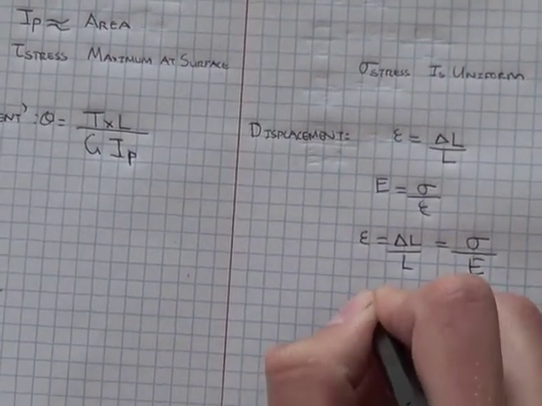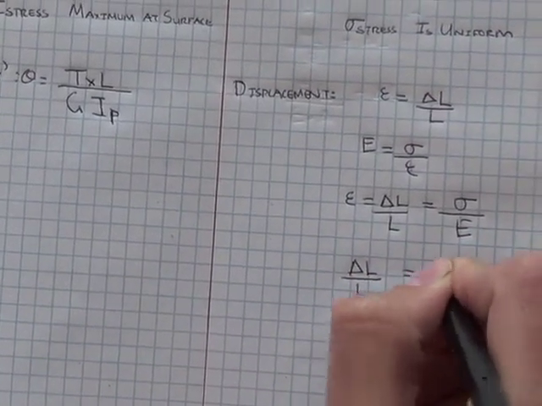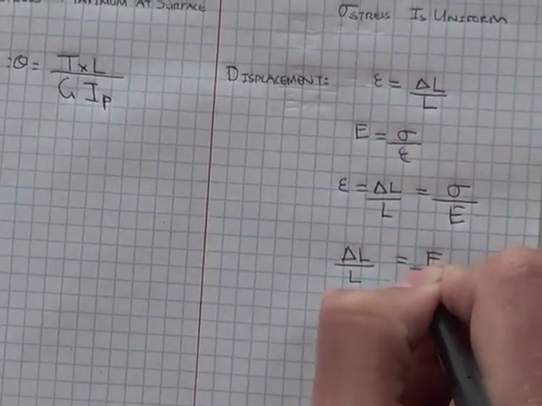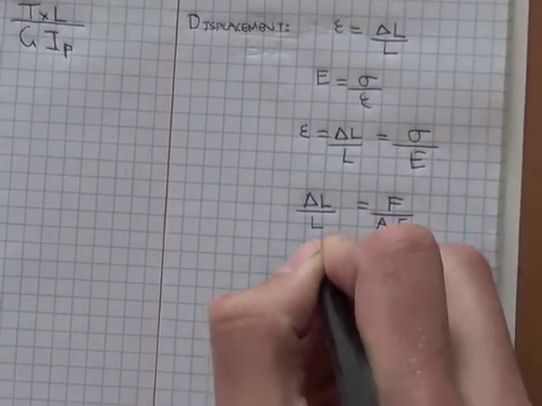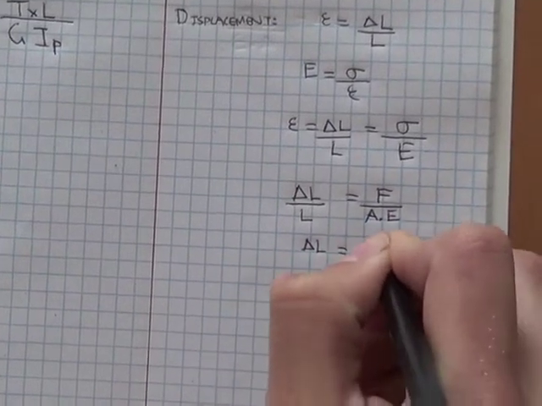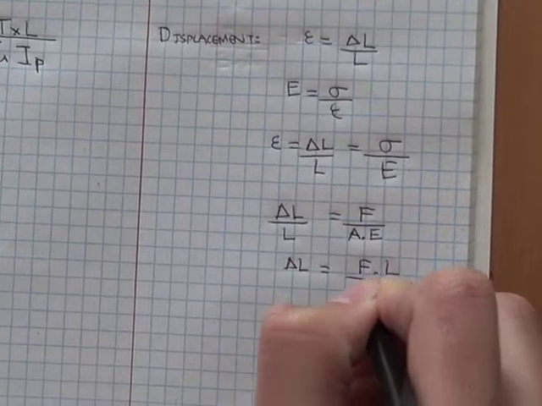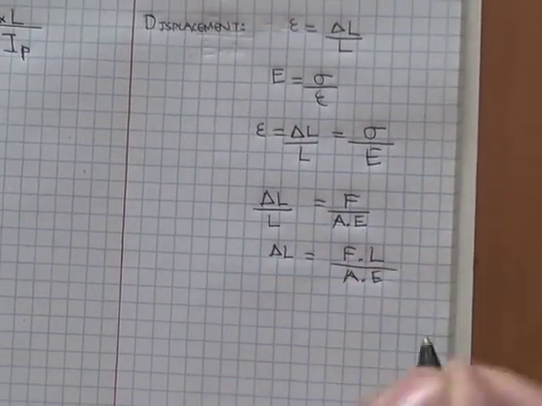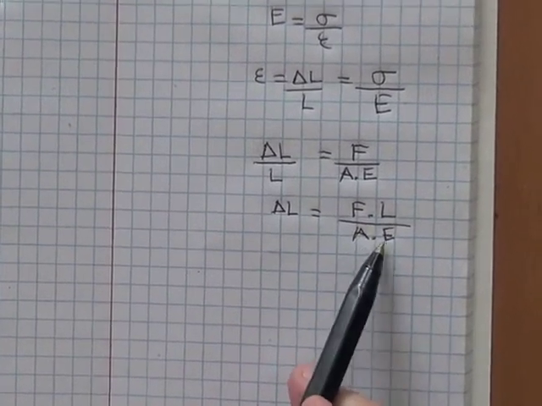So that means our change in length is equal to our force times our length divided by our area times our Young's modulus. So it's force times length divided by area and Young's modulus.